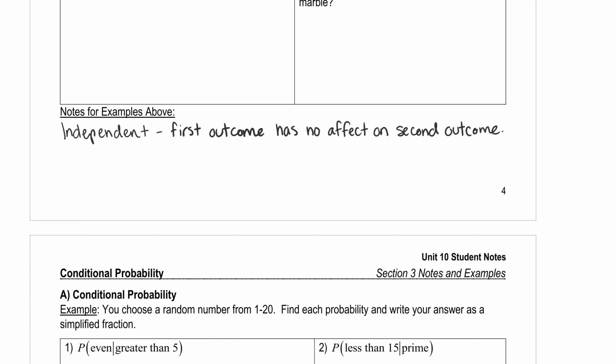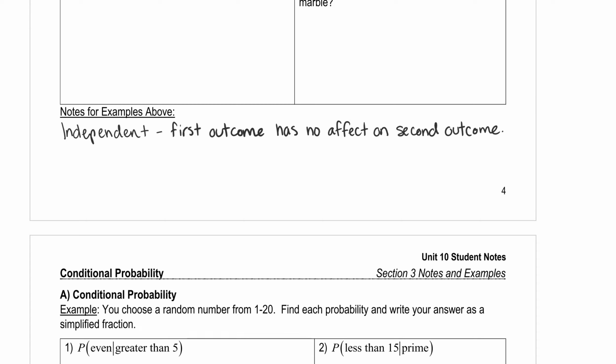Well, whatever meal you cook has nothing to do with what you're going to watch on TV. If you call a random friend on your phone, and then you randomly pick a drink out of the fridge, those have nothing to do with each other. The first one, who you call, has nothing to do with what drink you're going to pull out of the fridge. So just things that are not related at all.